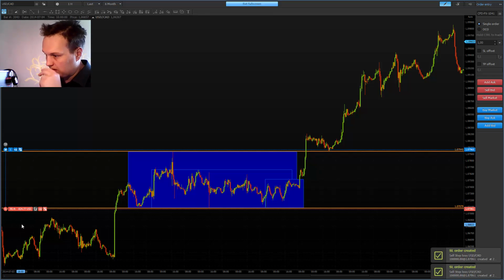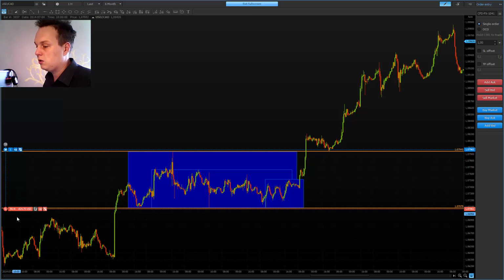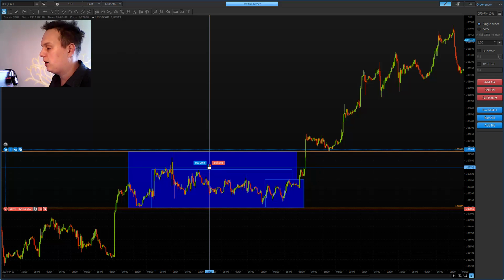Okay, so for our one lot position, one lot order, it would be like $825 US dollars. So here we have a pretty big risk. Okay, 90 pips. Not everyone likes it.